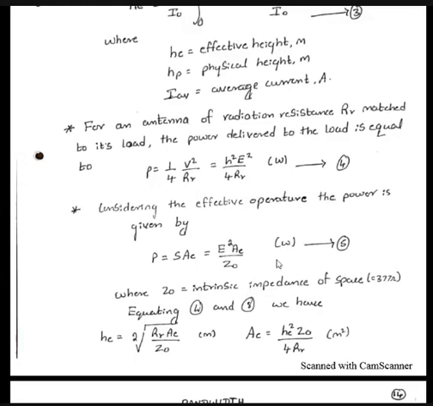Equating equations 4 and 5, we get the effective height formula as 2 into root of RR into AE divided by Z naught, in meters. Remember, effective height is in meters, and effective aperture is in meter square.